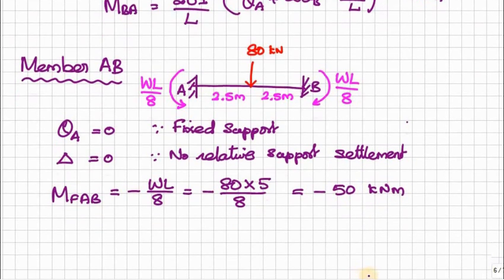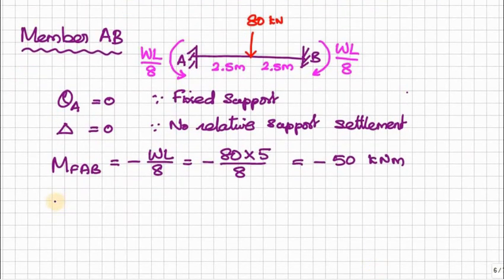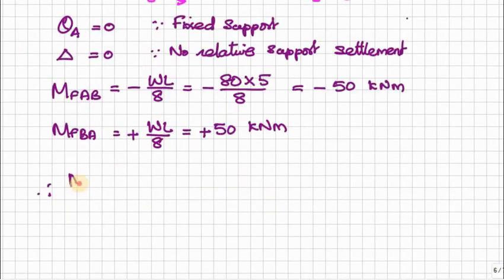Similarly, MFBA is equal to plus WL by 8, which is equal to plus 50 kilonewton meter. So we have all the data to formulate the slope deflection equations. Next we will write the slope deflection equation for each support.